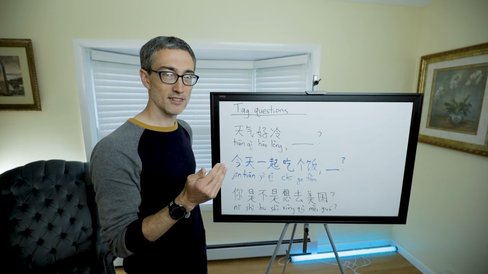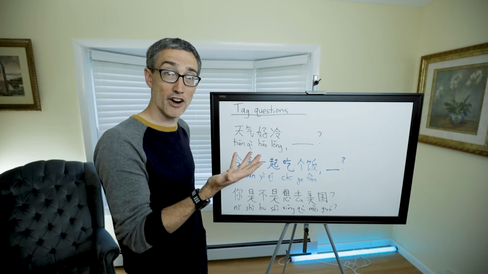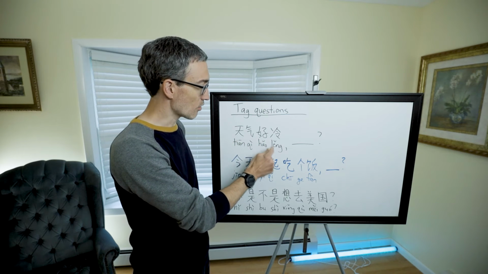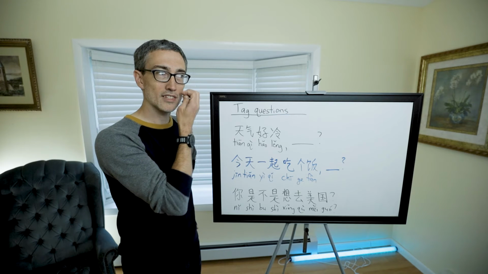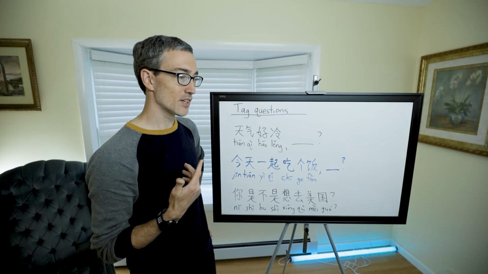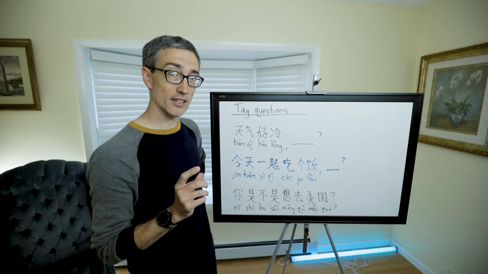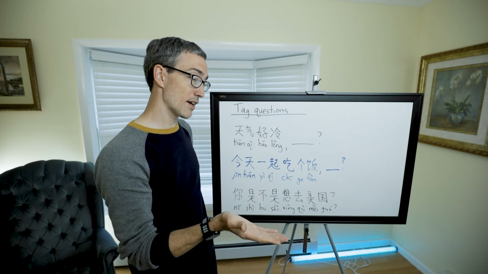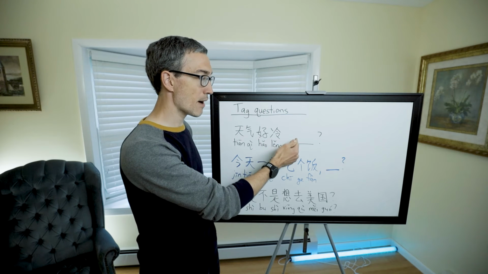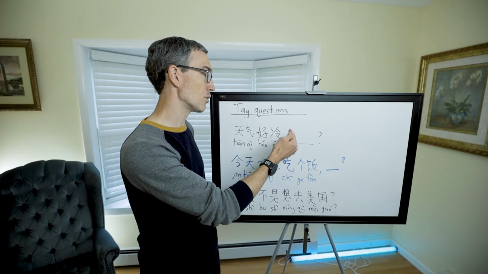It means 很. 好 can also mean 很, meaning very. So it's 天气好冷. The weather is very cold. Tag question. What kind of tag question would go there? It'd be like a right kind of question, like the weather is so cold, right? So which ones do we have there? It'd be 是吗 or 是不是 or 对吗 or 对不对.